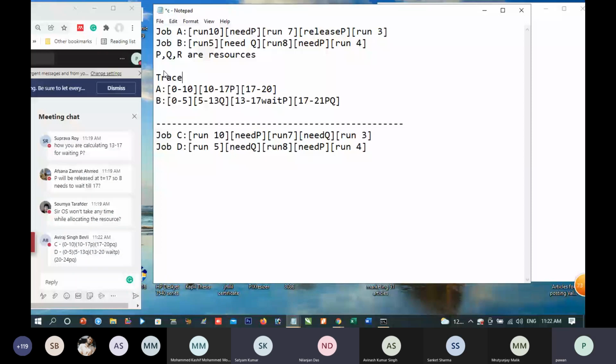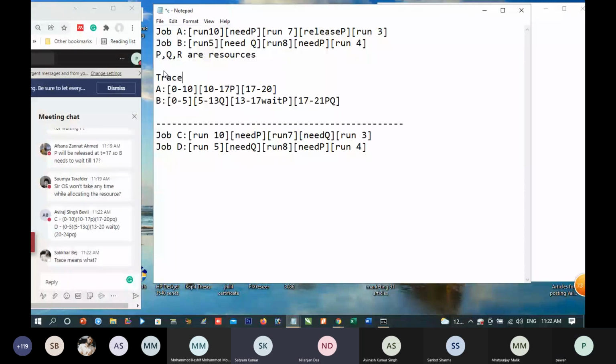Aviraj, you are fully wrong. Trace basically means what happens. Is it correct? Trace basically means what happens. Is it correct? Yes.